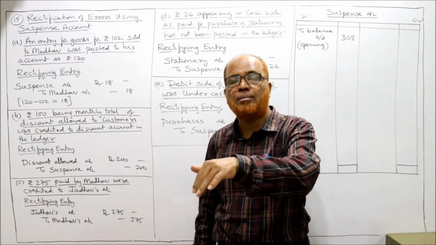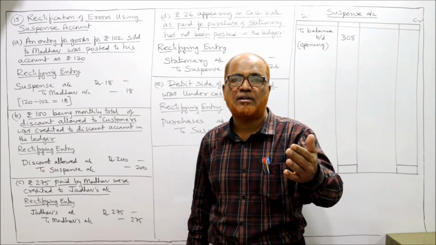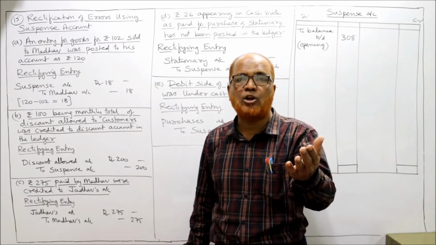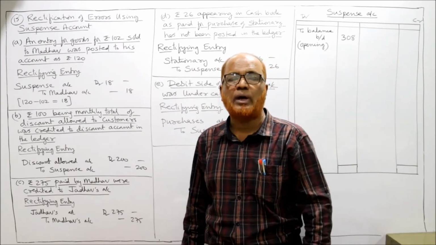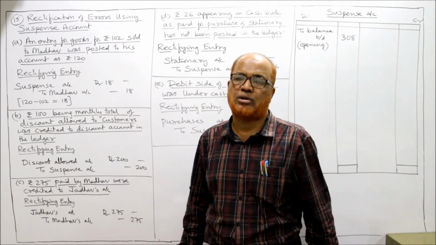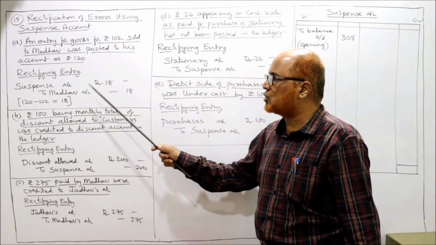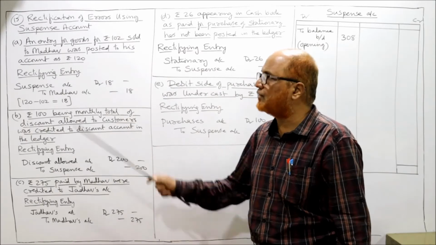So now we credit Madhav because we have to cancel the excess amount debited. The excess amount debited is 18 rupees. Now 18 rupees will be credited to Madhav. So entry will be suspense account debit to Madhav account, 18 rupees. This is the rectification of this error.